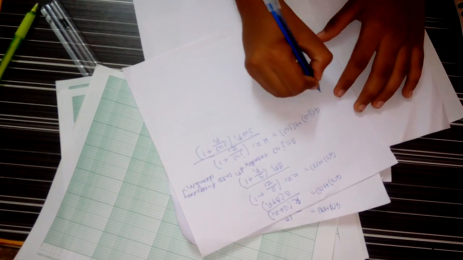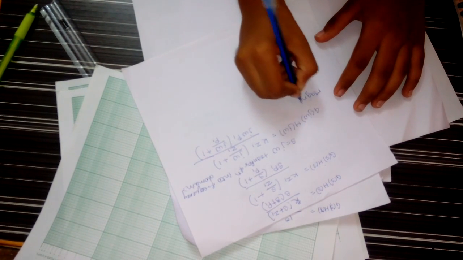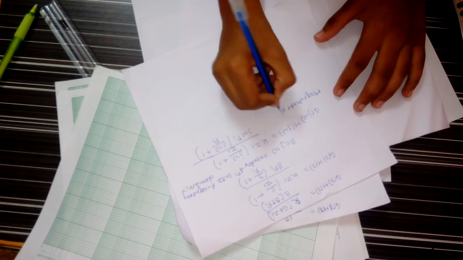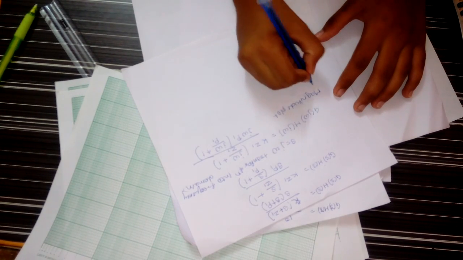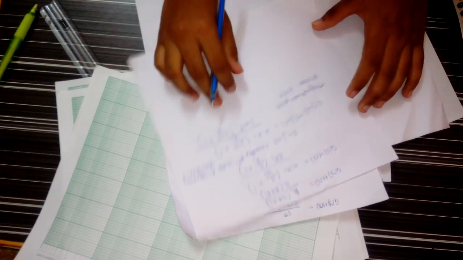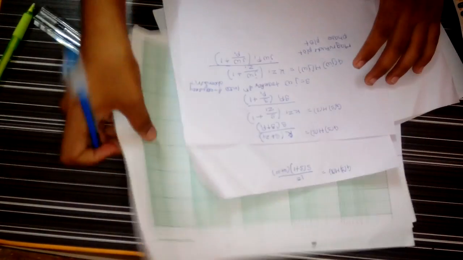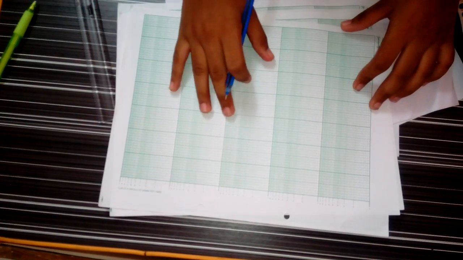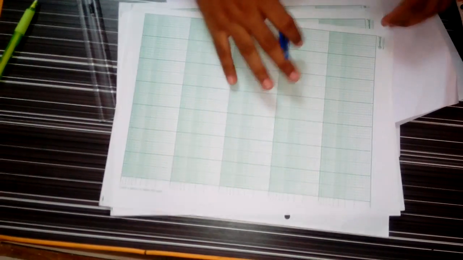Now we have to plot a magnitude plot and phase plot table. Using this Bode table, we will draw a graph on a semi-log paper. This is a semi-log paper. We will plot the graph on this paper.